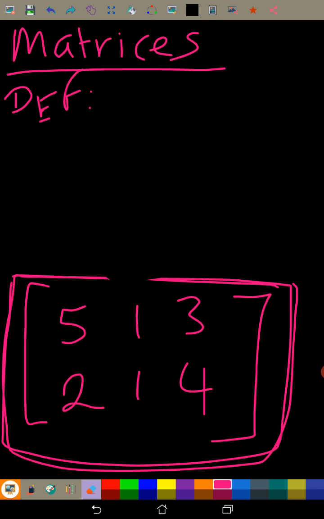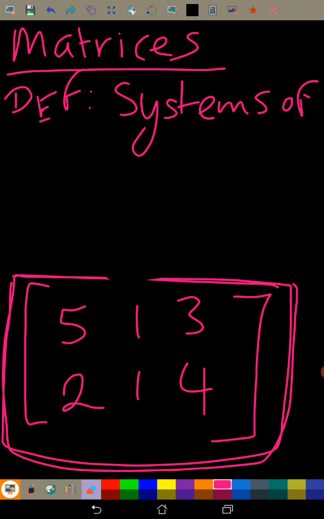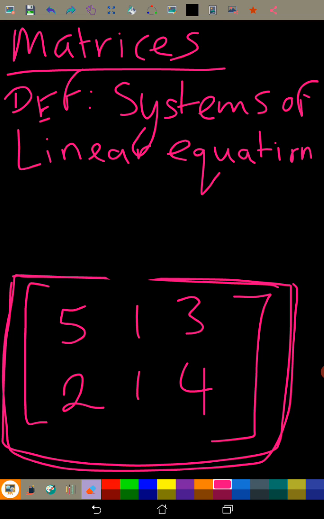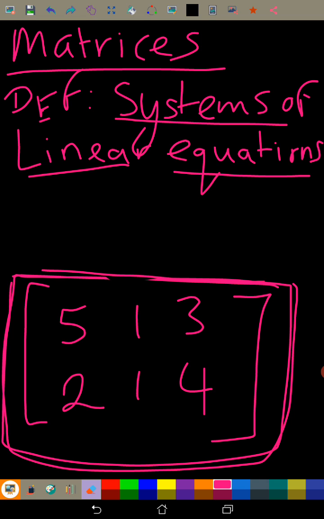They are systems of linear equations. Once again, they are not curves, they are just lines. So it's a system of linear equations. We have put the two equations into a system.